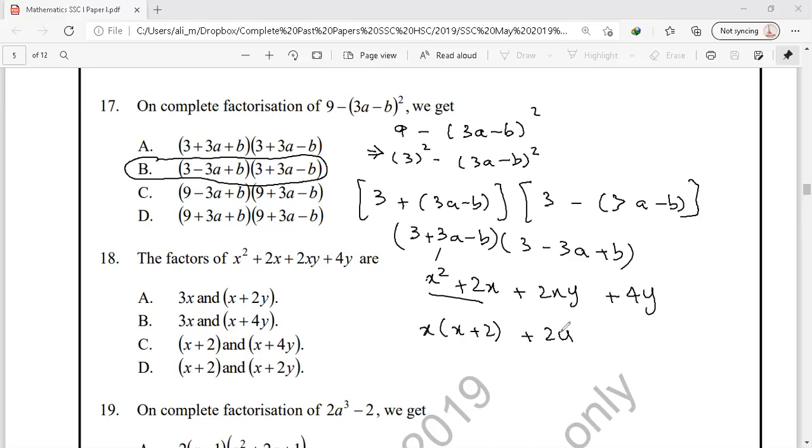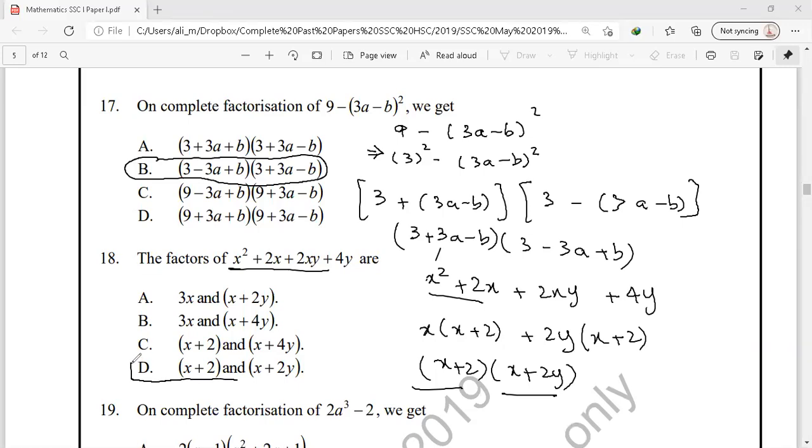Similarly, we have y common, so we will get (x plus 2) in the bracket. Again taking (x plus 2) as common, we will have (x plus y) remaining. So we have these two factors of the given expression. The correct option for question number 18 is option D, in which we have these two factors.